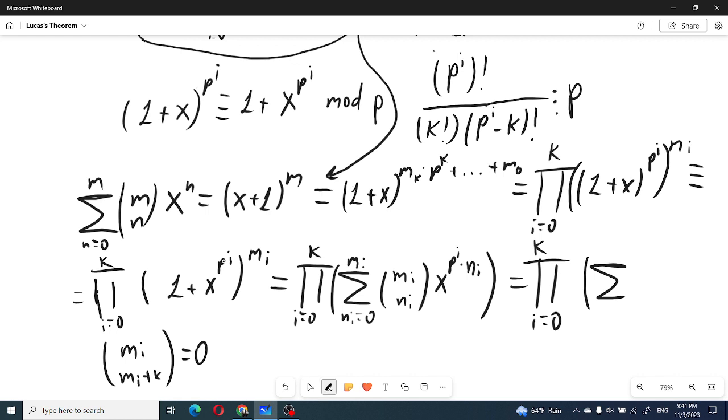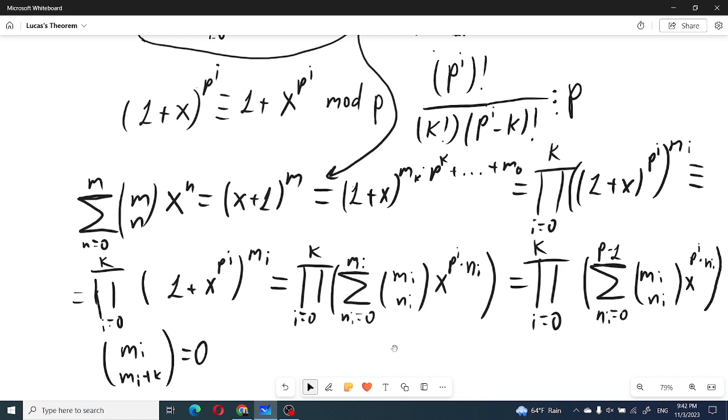We will add only 0 coefficients. n_i from 0 to p minus 1, it has the same meaning. It does not matter for us. m_i choose n_i, then x to the p to the i times n_i.